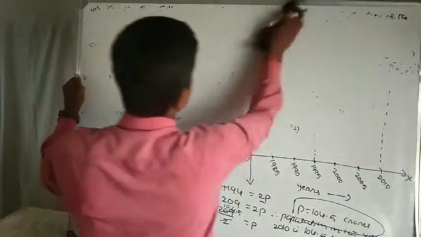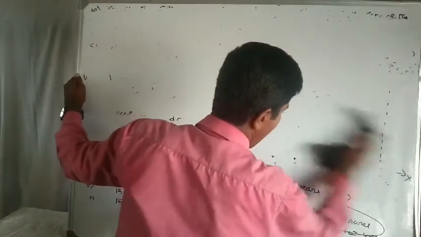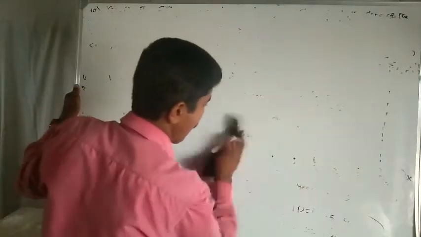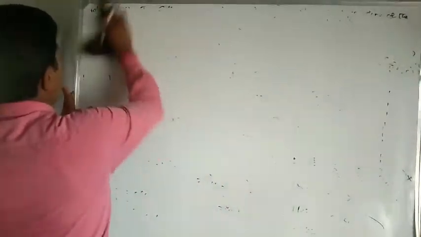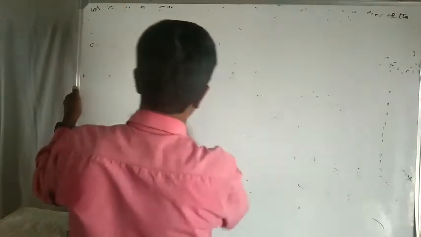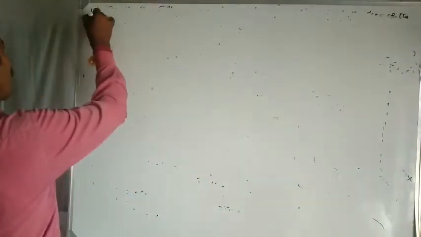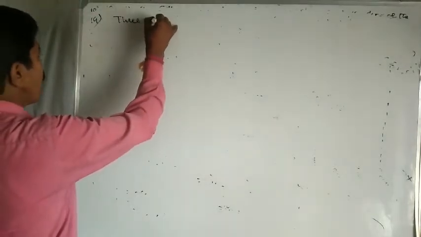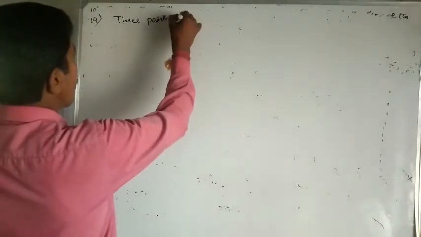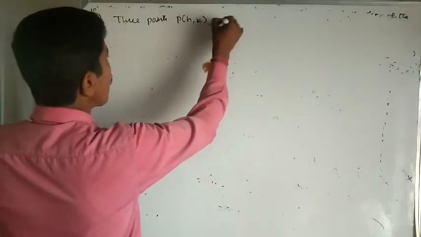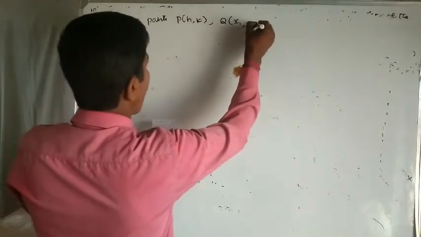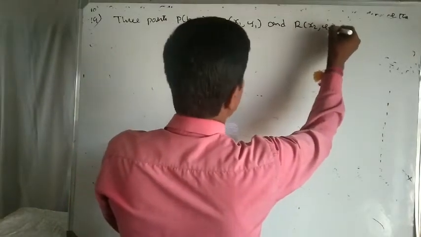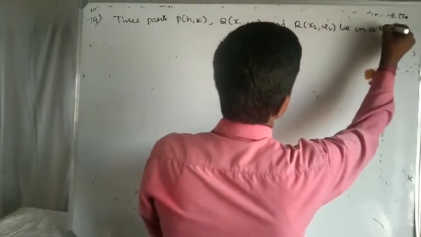19th problem. 3 points P of (h, k), Q of (x1, y1) and R of (x2, y2) lie on a line.